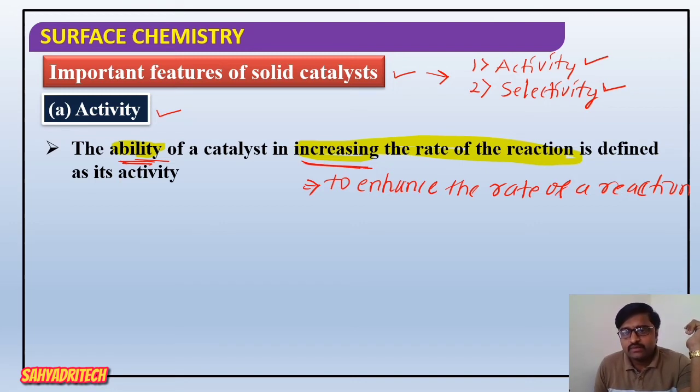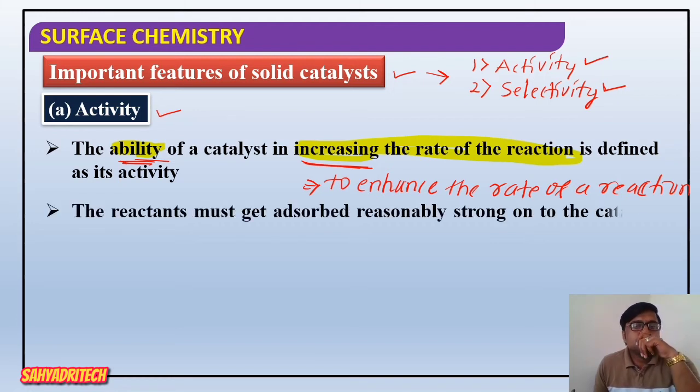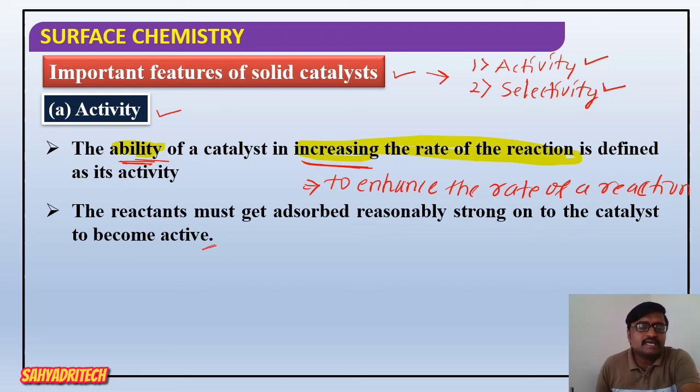Okay, well, if we consider, the reactants must get adsorbed reasonably strong on the catalyst to become active. So during catalysis, what happens? As I said, reactant molecules must get adsorbed properly so that the reaction takes place with the maximum product formation.